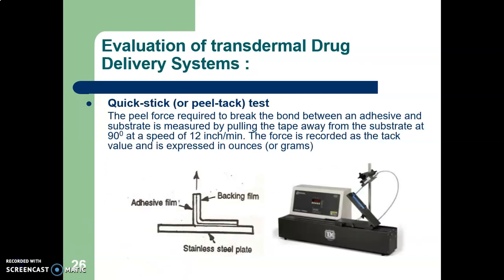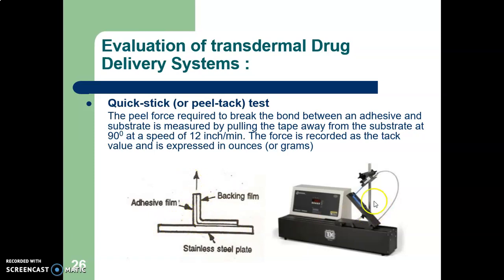Quick stick or peel tack test. Here in the figure you can see that this is the blue color transdermal patch. It sticks or adheres on the surface of the stainless steel plate, that is known as a substrate. Here also it is explained, and this is the adhesive layer that will adhere on this surface.